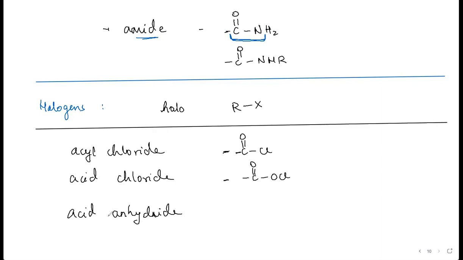So acid anhydride is exactly as the name says. It's derived from carboxylic acid when you take away one water molecule.